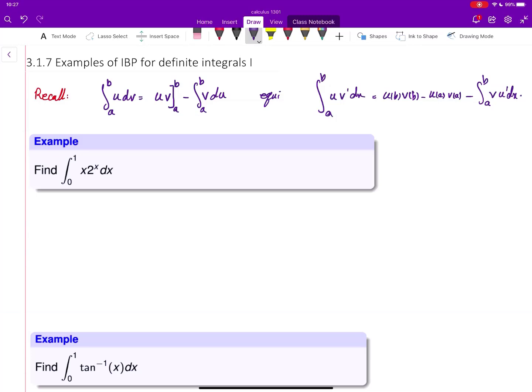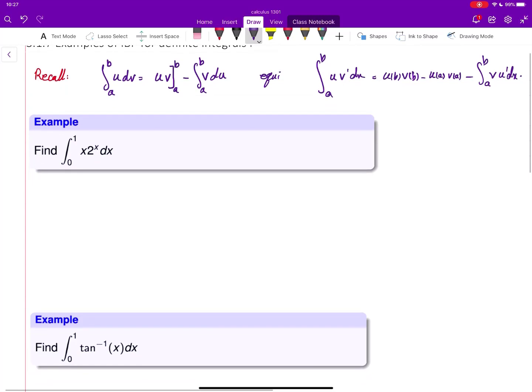Okay, let's do some examples here. Integral of x times 2 to the power x dx from 0 to 1. Remember that when we had a polynomial times e to the power mx, we know how to deal with this.